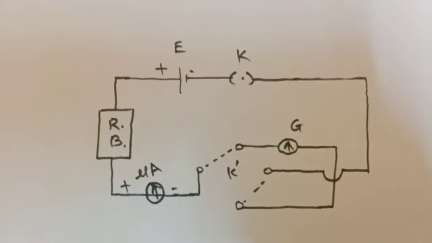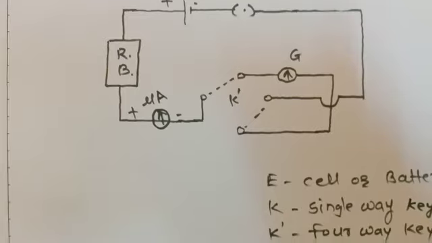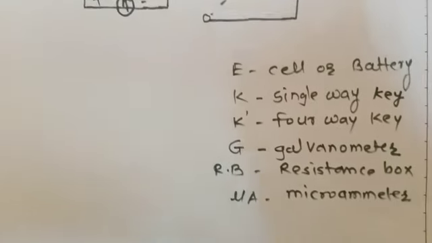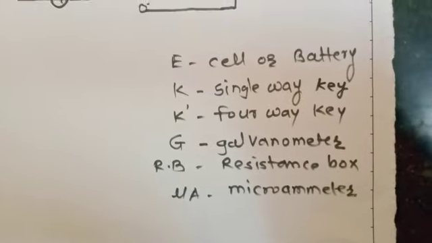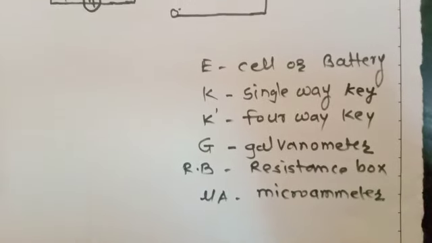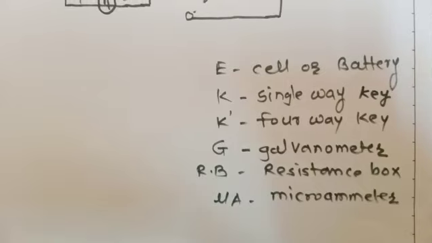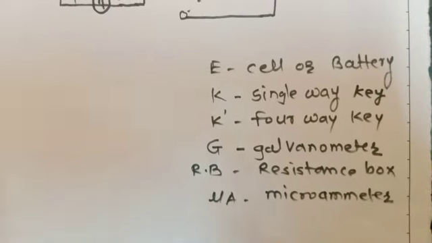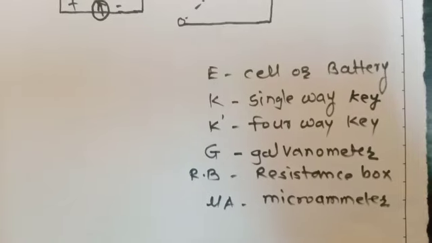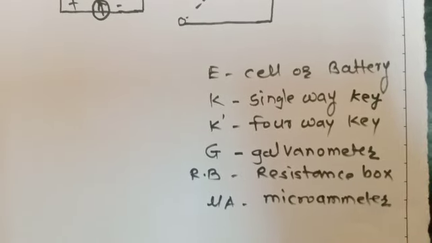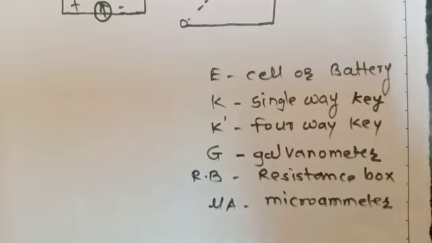The circuit diagram consists of E, which represents the cell battery. K represents the single way key. K dash represents the four way key. Capital G represents the galvanometer. RB represents the resistance box. Mu A represents the microammeter.